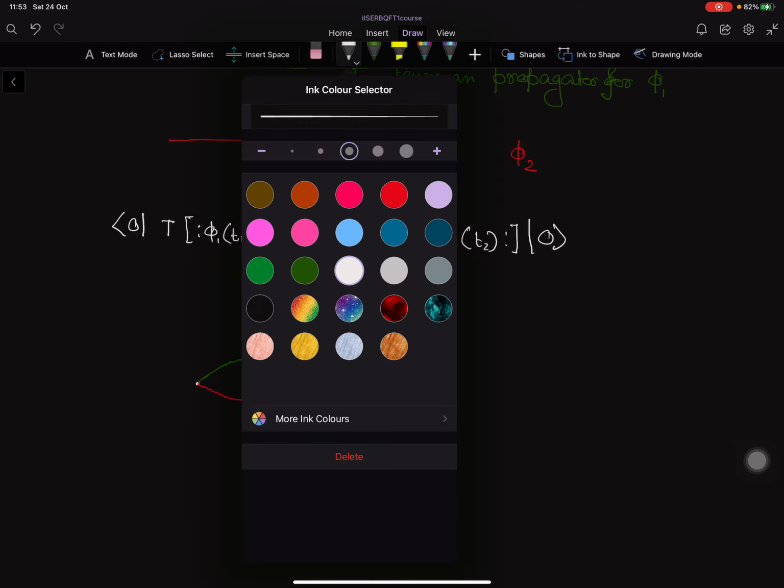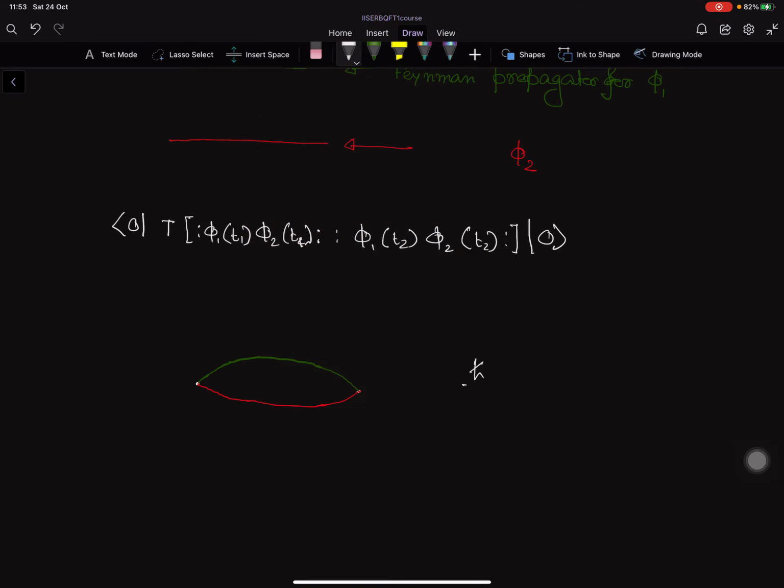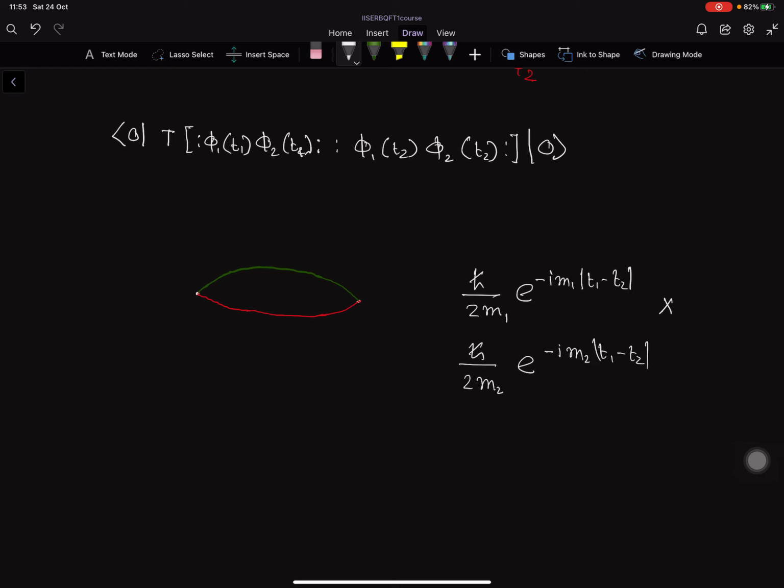And then the expression is simply h bar over 2 m1 exponential of minus i m1 (t1 minus t2), times h bar over 2 m2 exponential of minus i m2 (t1 minus t2). So this is the way that the position space Feynman rules suitably modify.